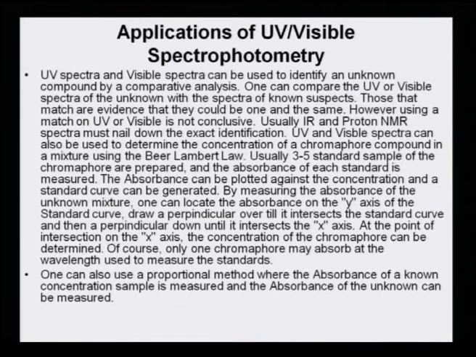UV and visible spectra can also be used to determine the concentration of a chromophore compound in a mixture using Beer-Lambert's law. Now, if we want to find out whether a particular substance is present, we can use the lambda max identification method.